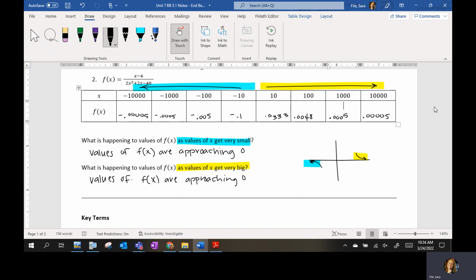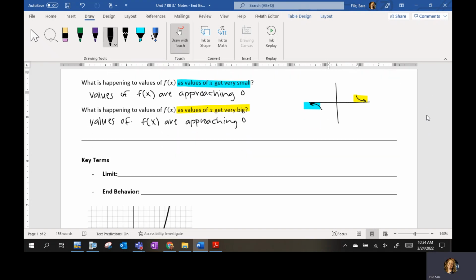Okay. So let's talk about some terminology, some vocabulary you need to know. So what is a limit? A limit is a value a function approaches but does not reach, or actually I should say does not have to reach.